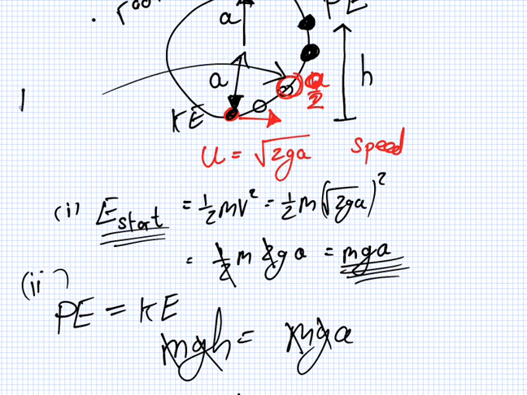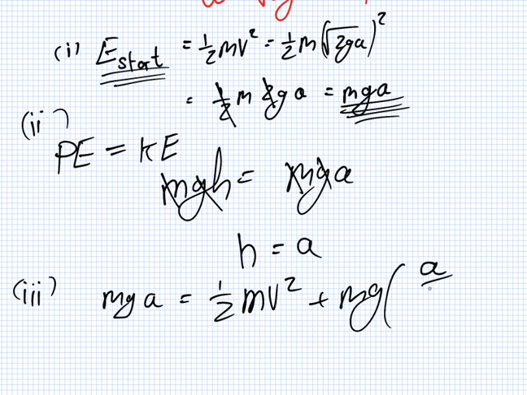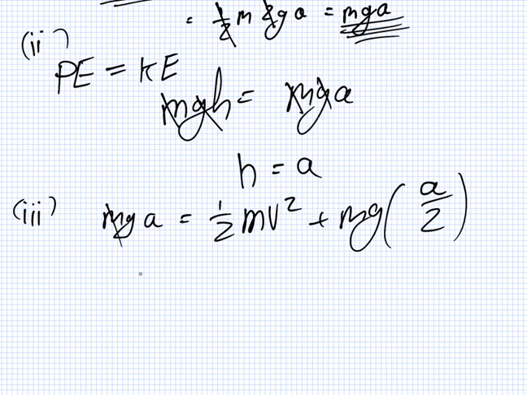So we get mga equals a half mv squared plus mgh, and they tell us the height is a over 2. So the m's all go. I'll multiply by 2.